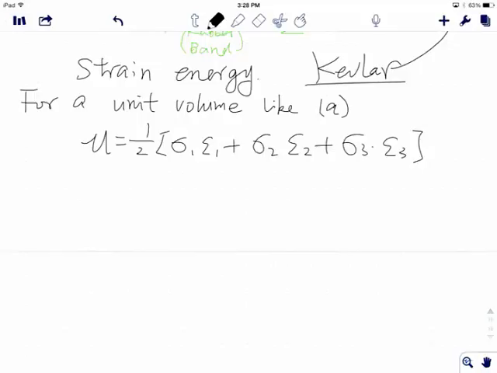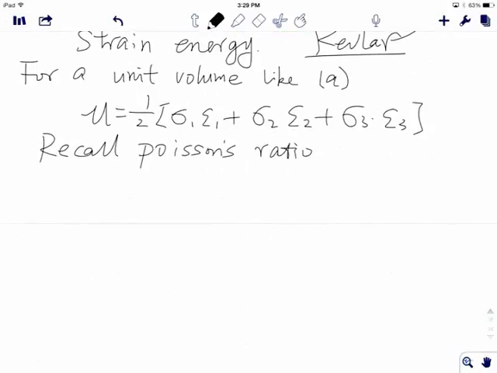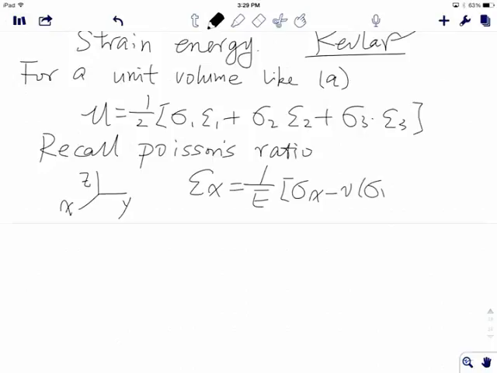Okay, so we also know when you have three axis loading, you have Poisson's ratio. Poisson's ratio tells you that when you have three-dimensional loading, x, y, z, or 1, 2, 3, the strain epsilon x is not only a function of the stress applied in x, but at the same time a function of the stress applied in the other two directions.